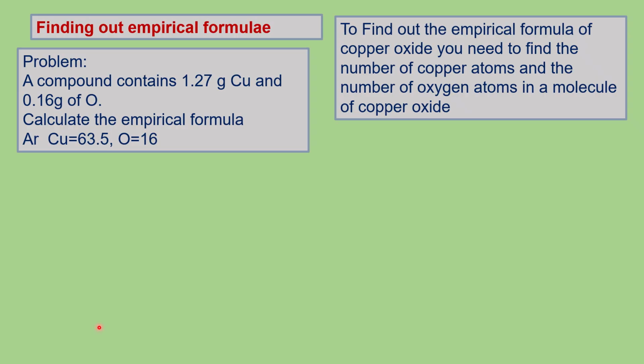Let's solve this problem. You have a compound that contains 1.27 gram of copper and 0.16 gram of oxygen. Calculate the empirical formula and you are given the relative atomic masses of copper 63.5 and oxygen 16. How do you do that?